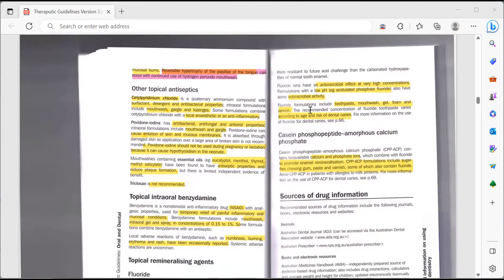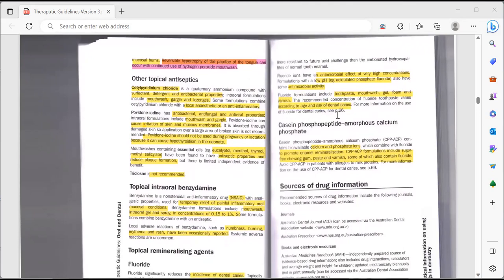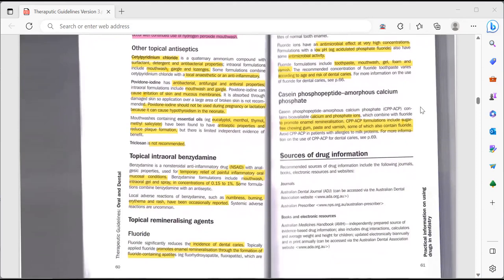And we all know that fluoride is available as toothpaste, mouthwash, gel, foam, and varnish. The recommendation does vary according to age and the risk of dental caries. And there is one other component which is CPP-ACP. It is basically a milk protein made up of calcium and phosphate ions, which combine with fluoride to promote enamel remineralization.